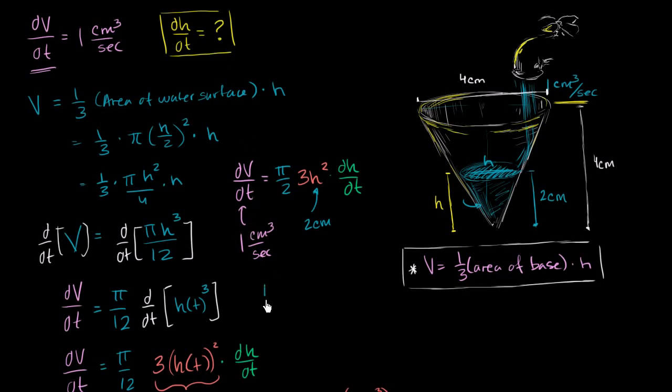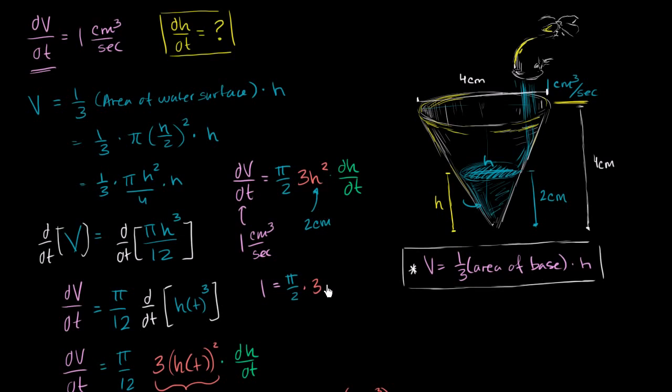So we get 1 cubic centimeter per second, I won't write the units to save some space, is equal to pi over 2, actually let me be careful. That wasn't pi over 2. That was pi over 12. So you get pi over 12 times 3 times h squared. h is 2, so you're going to get 4 squared centimeters.